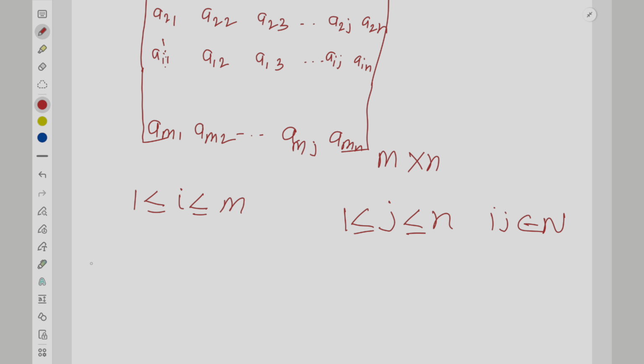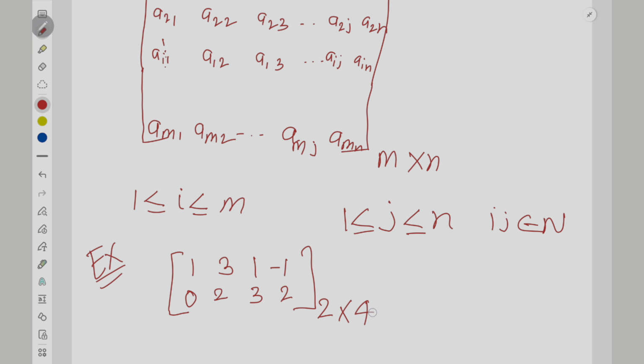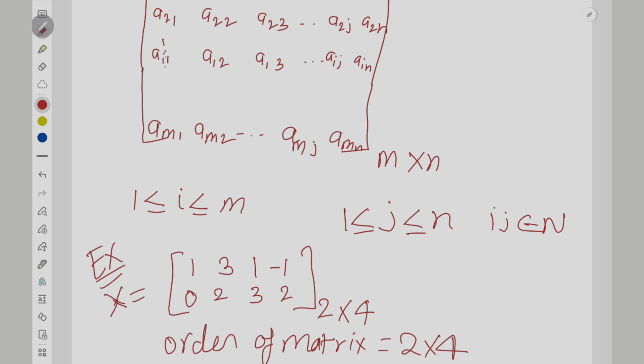For example, suppose I have the matrix 1, 3, 1, minus 1, and second row 0, 2, 3, 2. The number of rows is 2 and the number of columns is 4. In simple words, the order of the matrix is 2 cross 4.